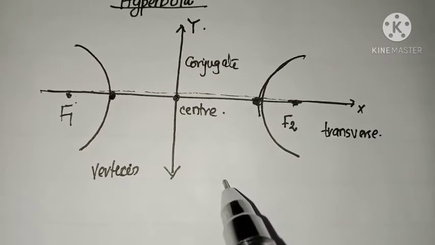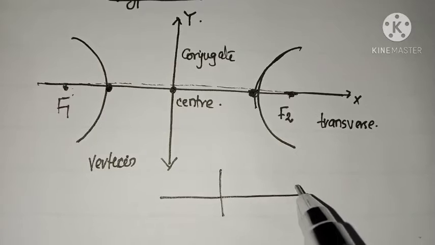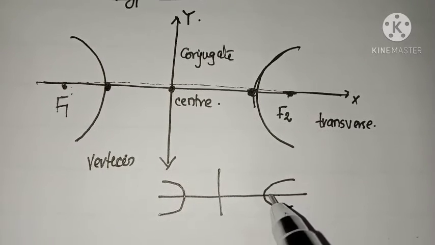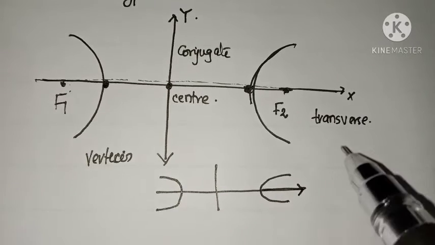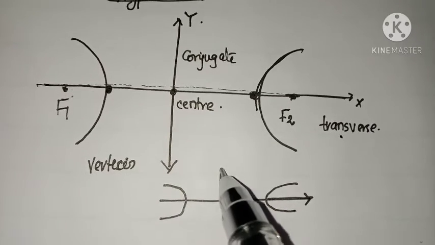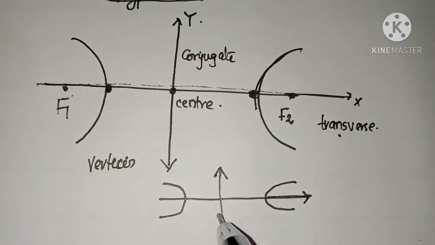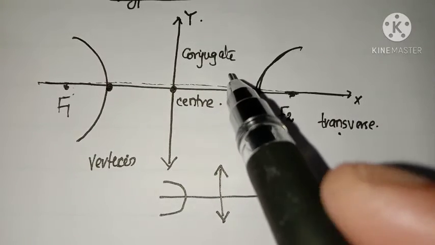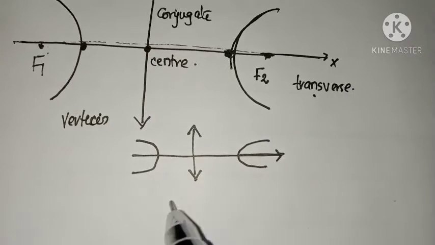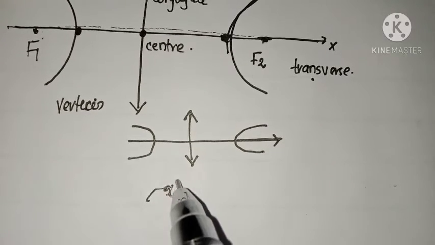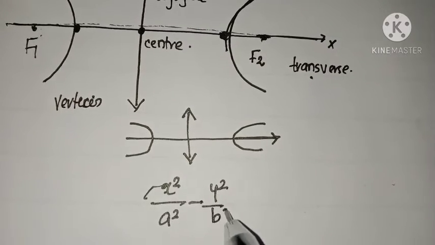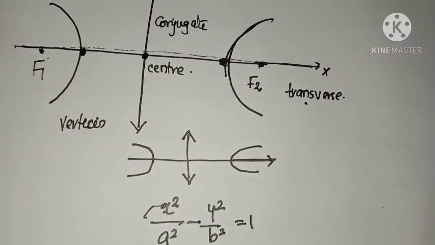So mainly you have to concentrate: when the hyperbola is along the x-axis, then the x-axis is known as the transverse axis, and the line perpendicular to the transverse axis is known as the conjugate axis. Then in this case, the equation of the hyperbola is x square by a square minus y square by b square is equal to 1.